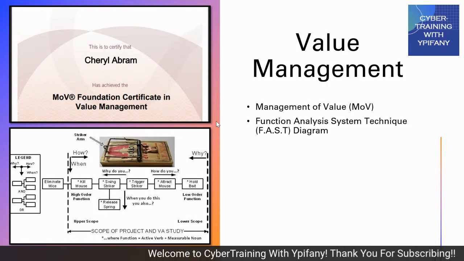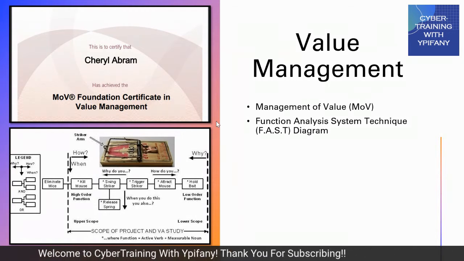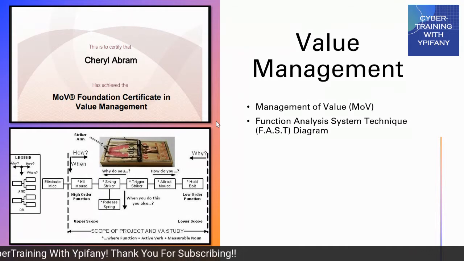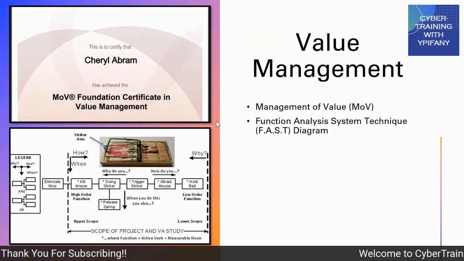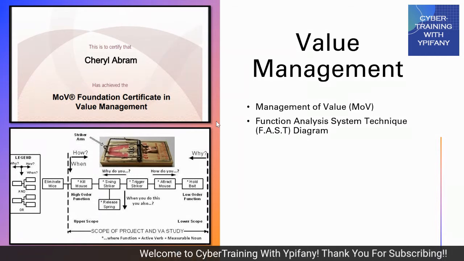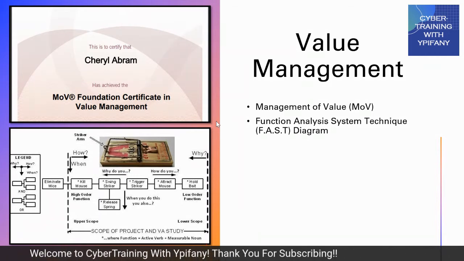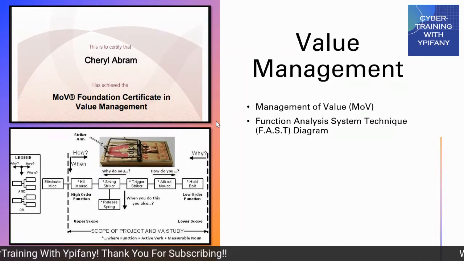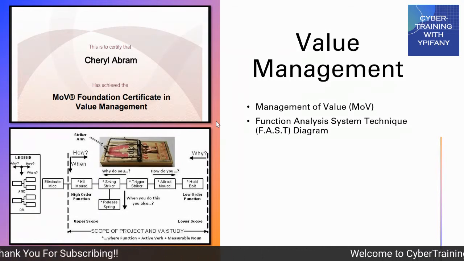Now, the more you get down to the how this is done, that's where you get to the more concrete stuff that you can actually see and feel. So I love this certification, value management. It really helps you to see what's in your process and whatever you're doing.